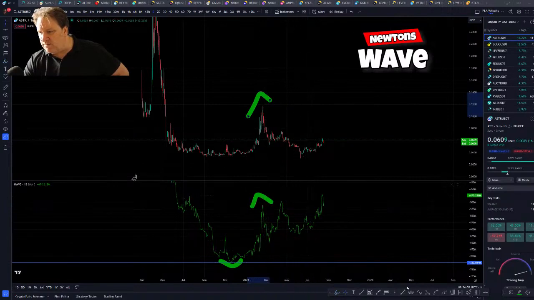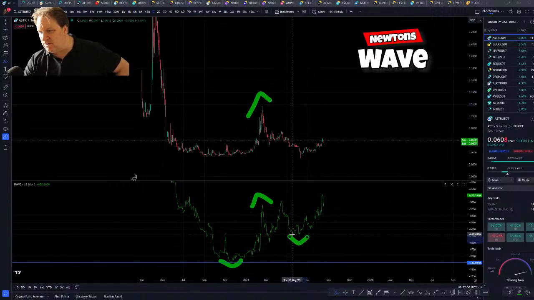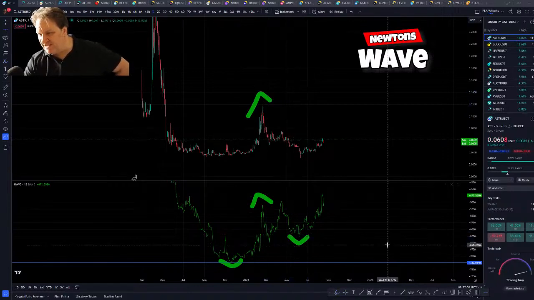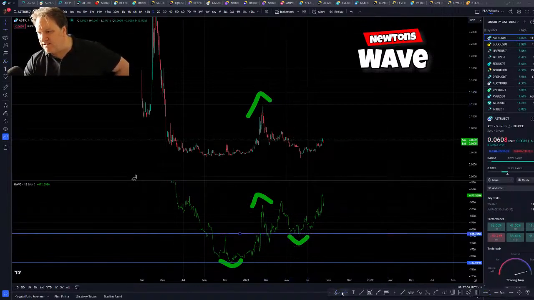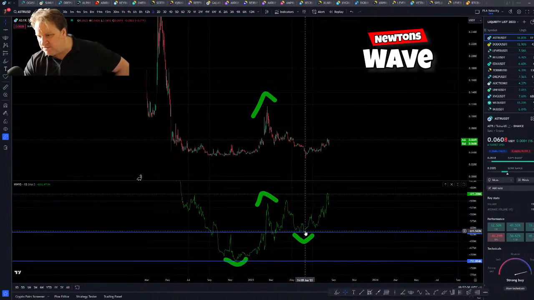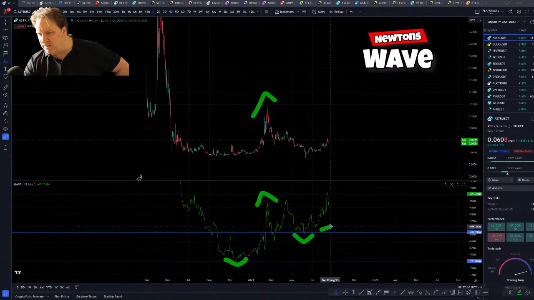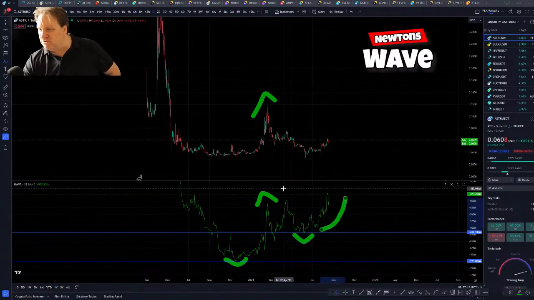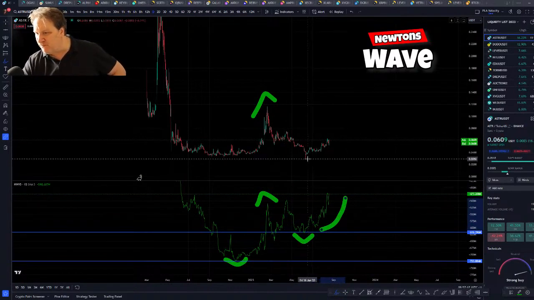The deposits stopped on ASTR on this line here, and the deposits actually have carried on since the 9th of June. Now interestingly, you can see on Newton's wave the pressure and the deposits, but it hasn't been reflected on the price yet.